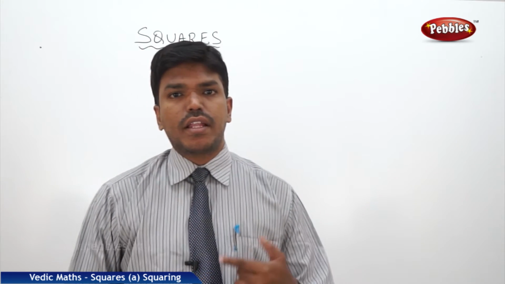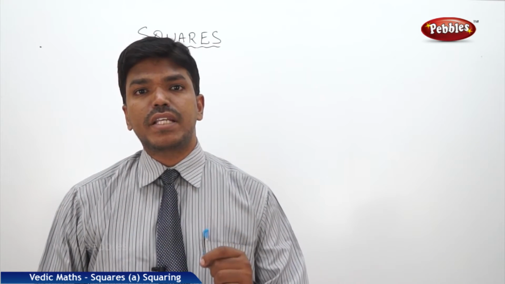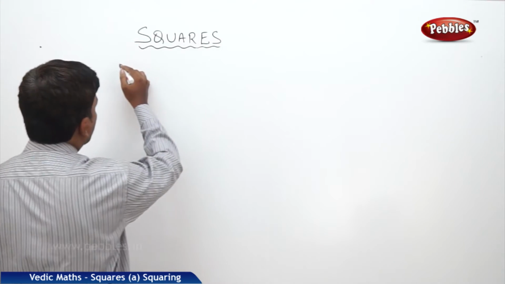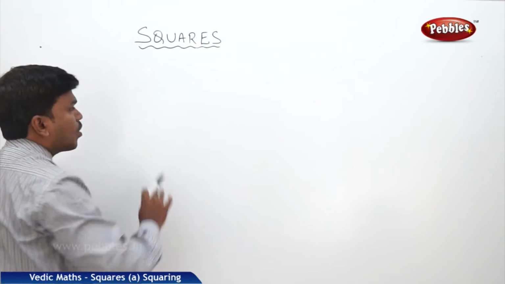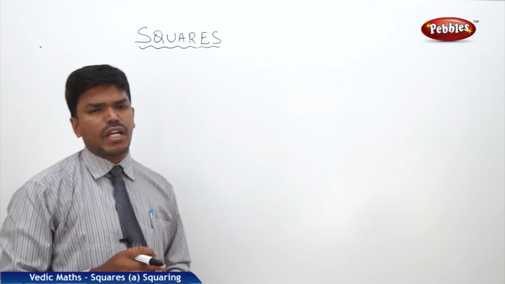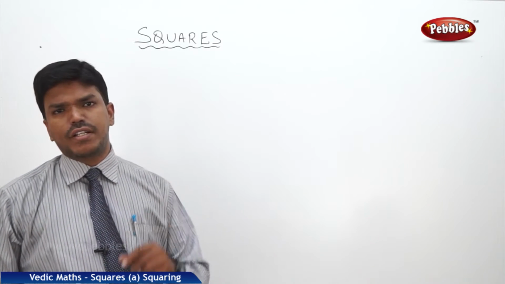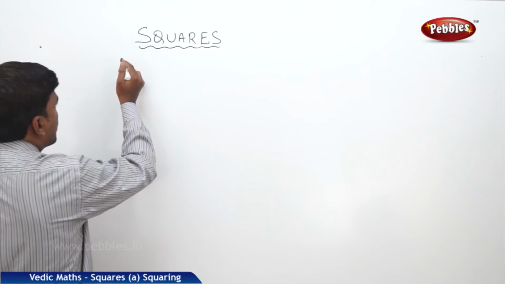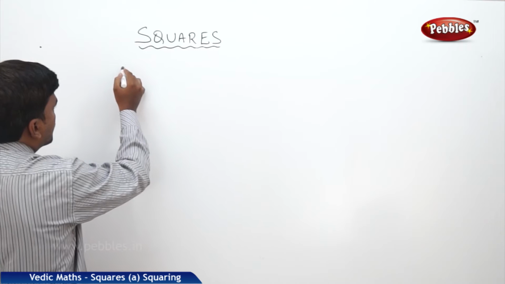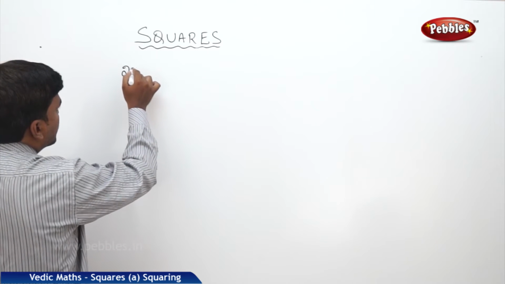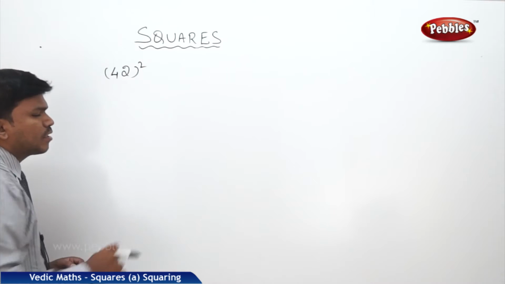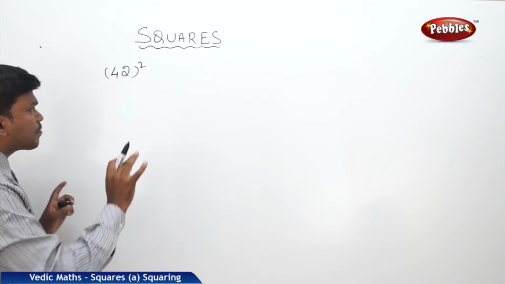In the squares, the next method we are going to discuss is the formula based technique. So in the formula based technique, suppose I want to find out any double digit square from 11 to 99, how to calculate? Now see here, let us take some number. I want to calculate 42 square.